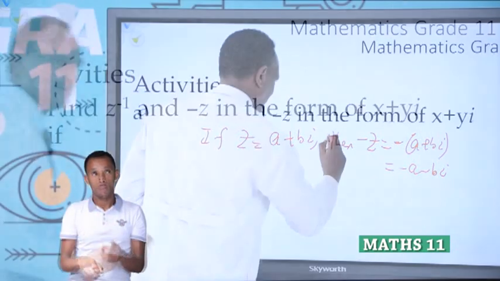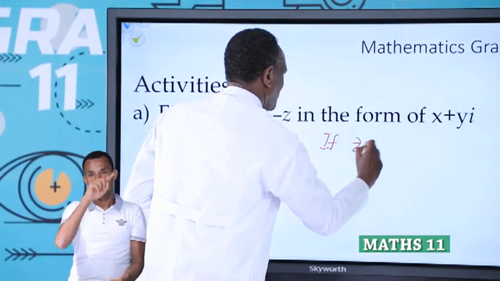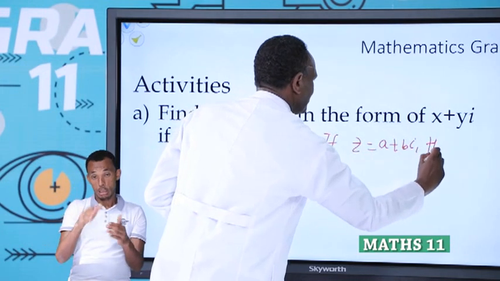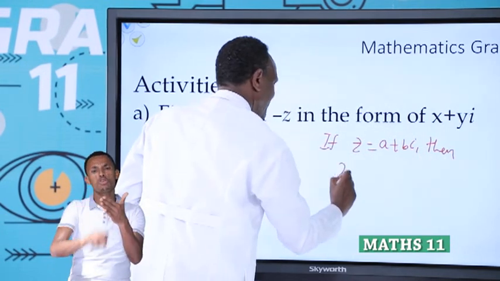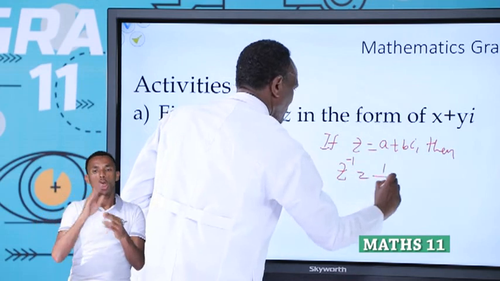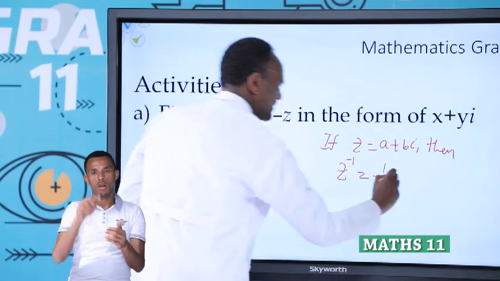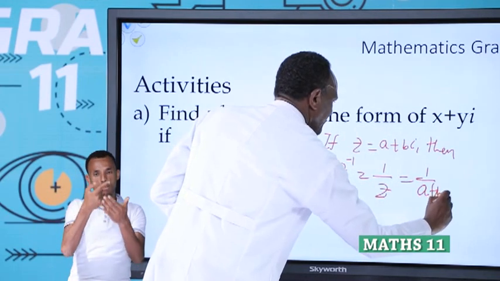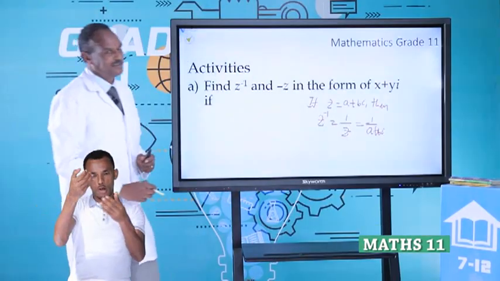If z is equal to a plus bi, then z inverse will be equal to 1 over z, which gives 1 over a plus bi. This is the reciprocal of the given complex number.